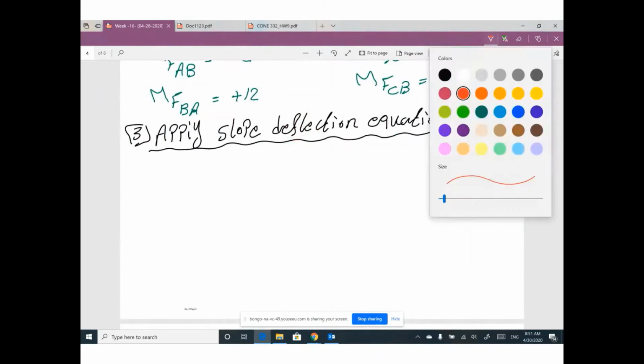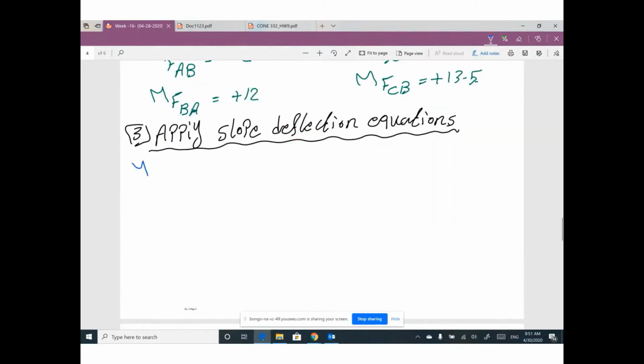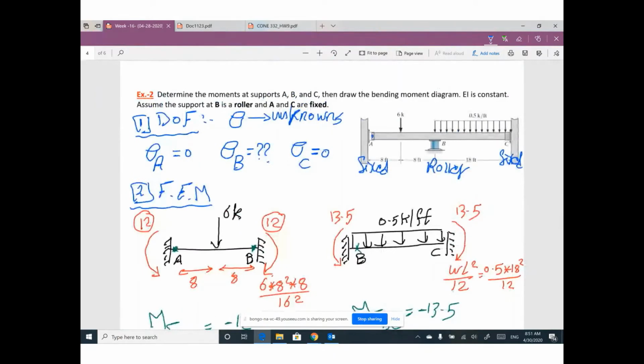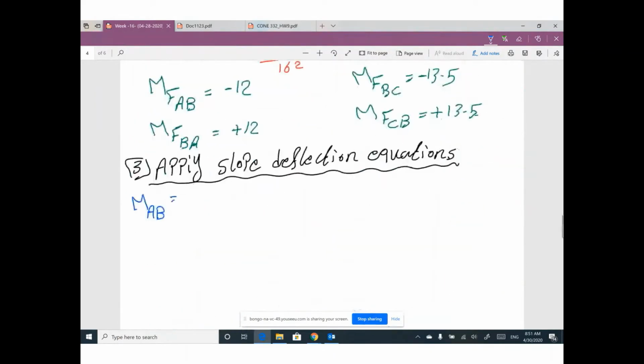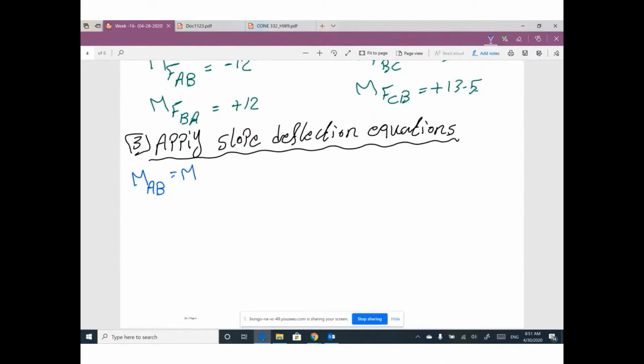If you are looking for MAB, which is the final moment for member AB, that means you are talking about this point. Your final moment will be M fixed AB plus 2EI divided by L times 2 theta A plus theta B. Go ahead and put your numbers.